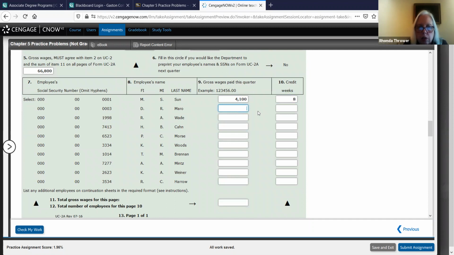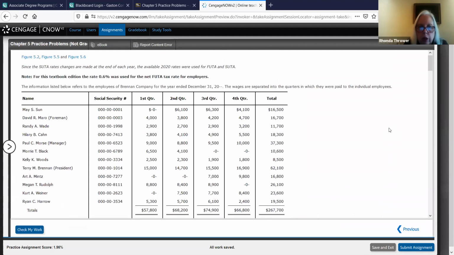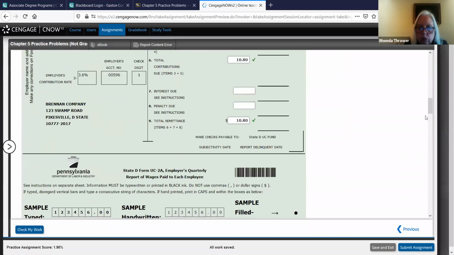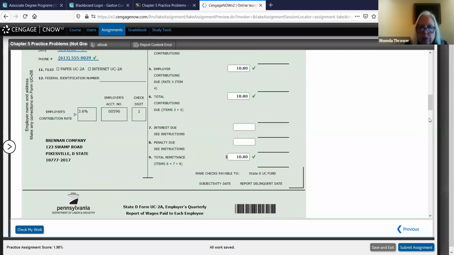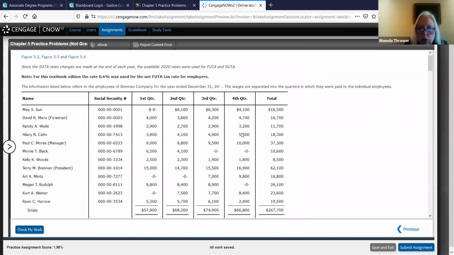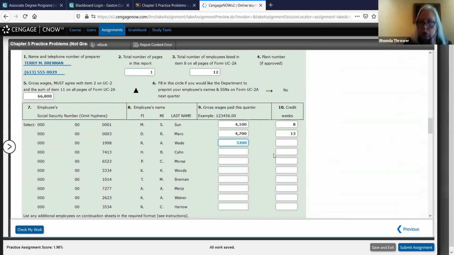And then Marrow, you're just copying the wages, 4,700. And there were 13 weeks that he was employed. And Wade was 3,200. Weeks.